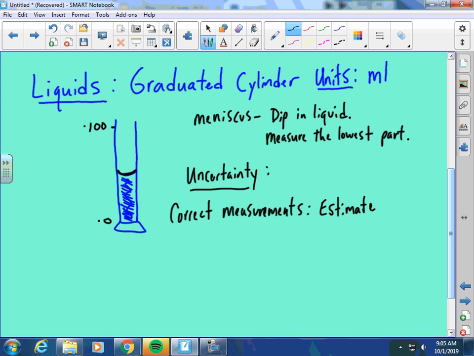Now what I'm going to do is estimate where I think it is. To me, it looks like it's about in the middle. So what is about in the middle of 0 and 100? 50. And that's an estimate, but that's what I'm going to write for my measurement. And I always include units, so I would say 50 milliliters, and that would be the correct level of precision.